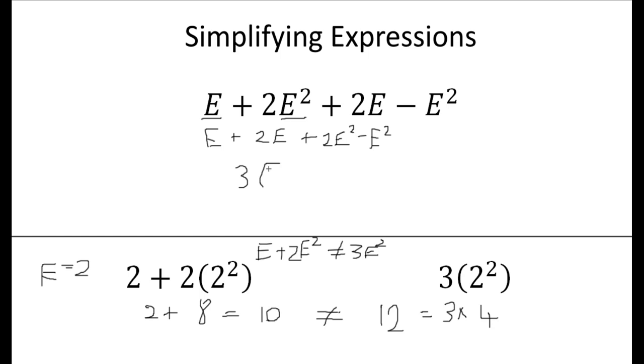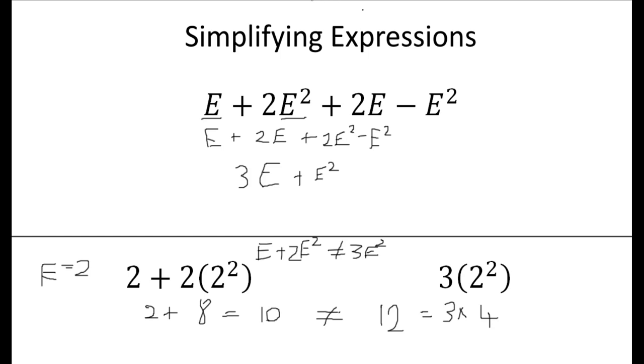We're going to get 3e plus e squared. And that is done. That's how you simplify that. So always remember to make sure you group all the like terms together. And if you have a case like this, make sure you keep in mind the index. So in this case it'll be e squared.